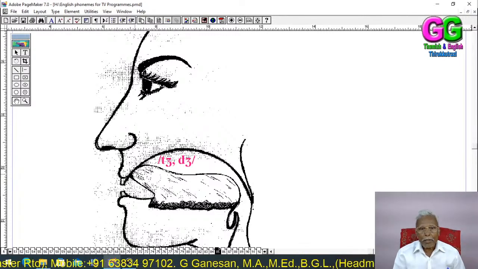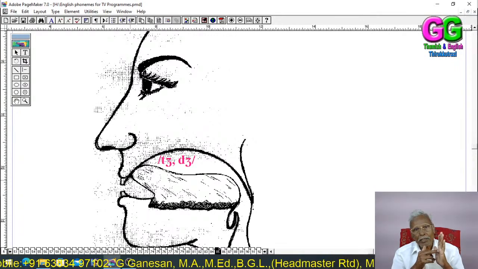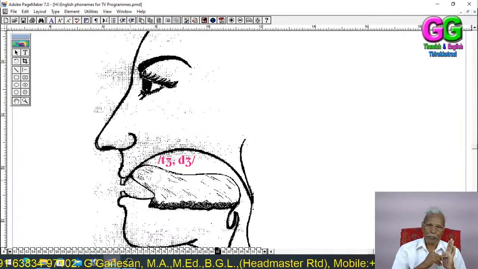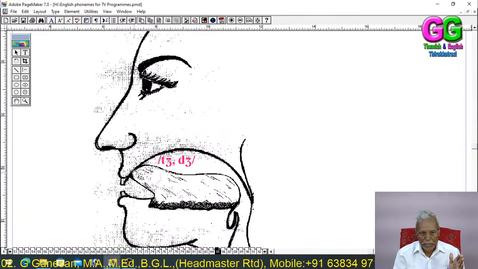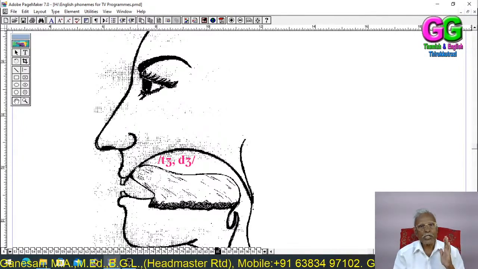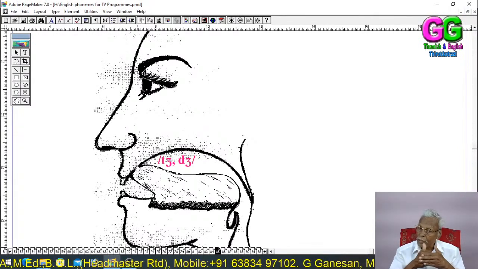These two palato-alveolar affricates are produced by making a contact between the tip of the tongue and the upper teeth ridge, and raising the front tongue towards the hard palate and making a contact.